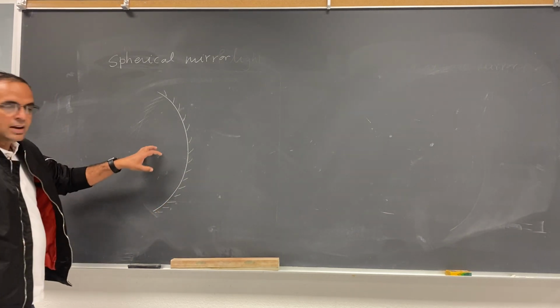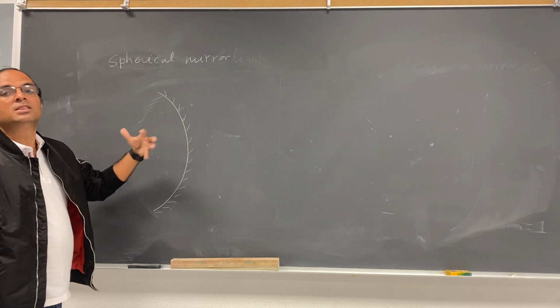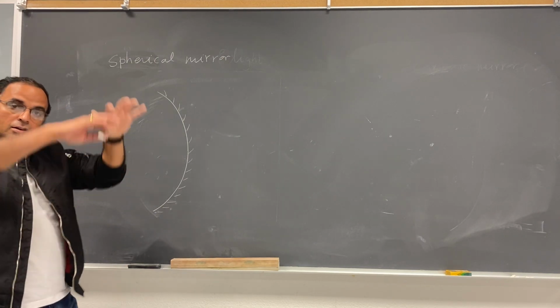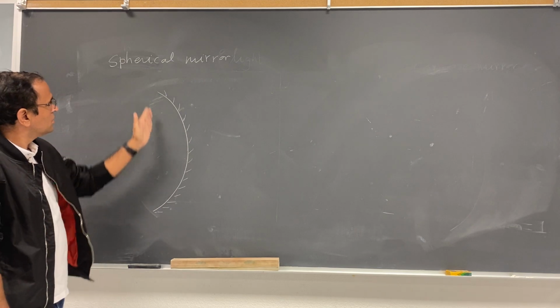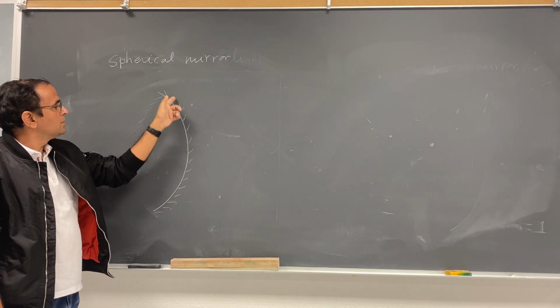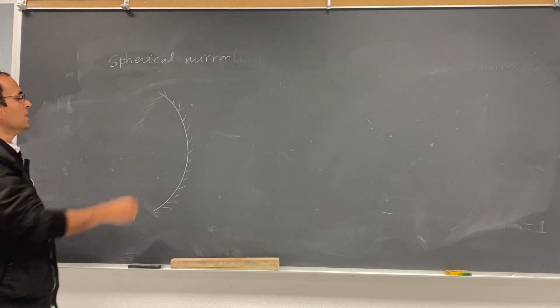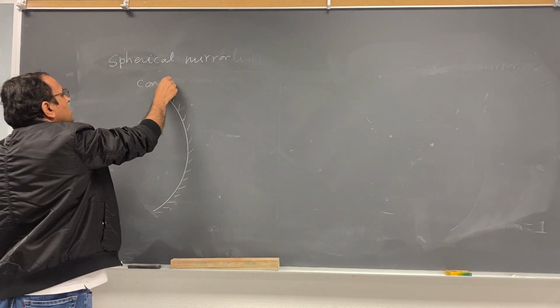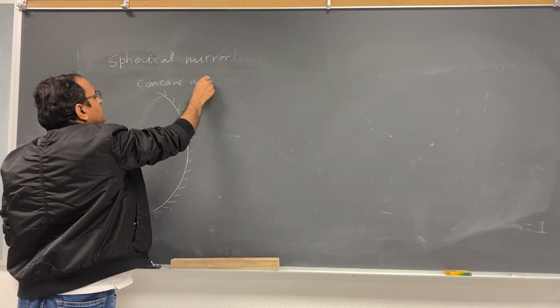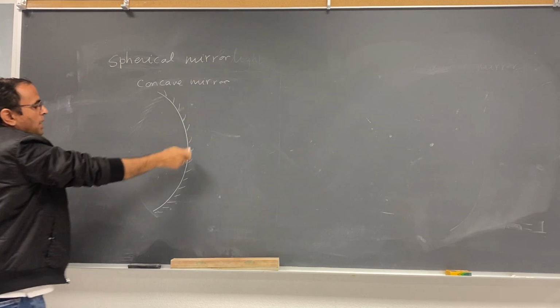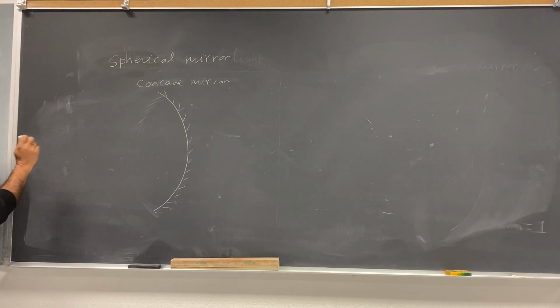I told you that this mirror is part of a big sphere. So I took a certain part and I silver this side, so it becomes a concave mirror. If this is part of the sphere, let us suppose the center of the sphere is somewhere there.